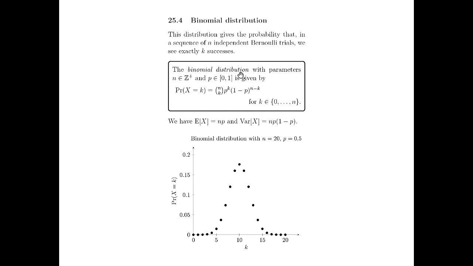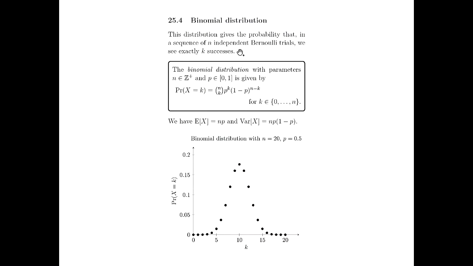A binomial distribution is where, remember, in geometric we were doing something an uncounted, unspecified number of times until we first had success. In binomial, we decide ahead of time how many times we're going to do something, and then we count the number of successes in that sequence.